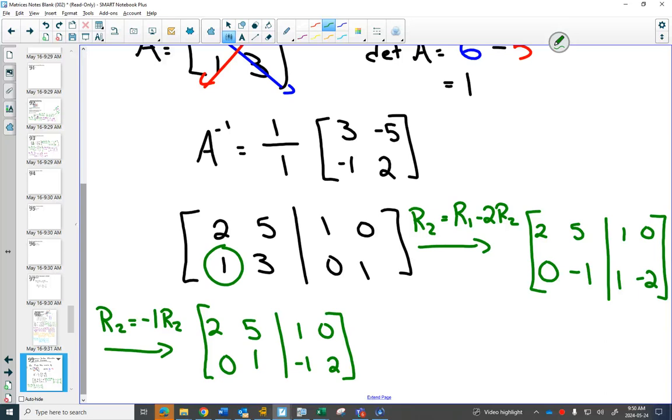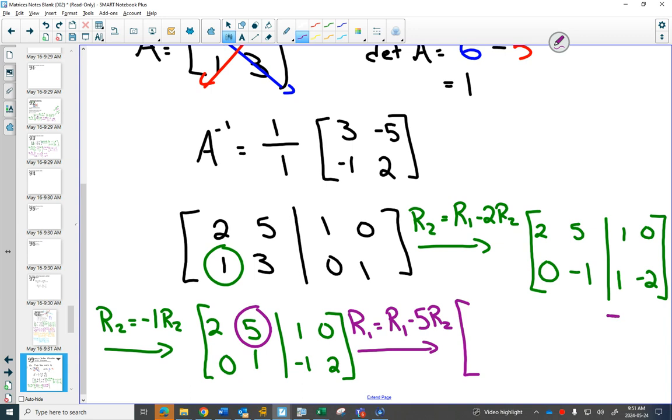Next, I want to make that a 0. So I'm going to change row 1 to equal row 1 minus 5 row 2s. Row 2 is not changing, so I just rewrite it.